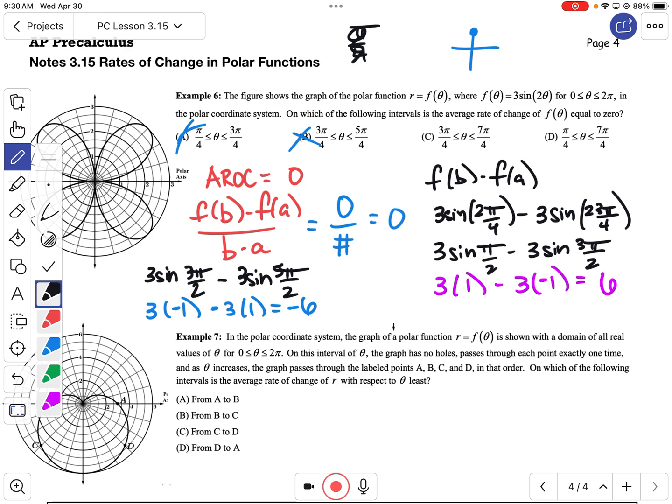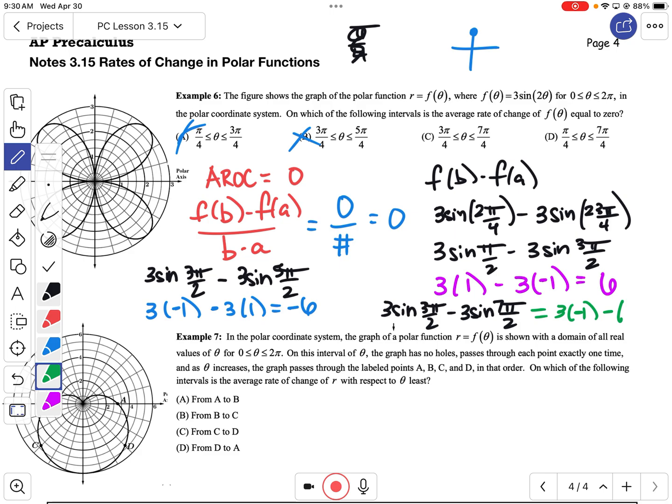Then let's try that next one. So 3 sine at 3 pi over 2 minus 3 sine at 7 pi over 2. Sine at 3 pi over 2 is going to be negative 1.